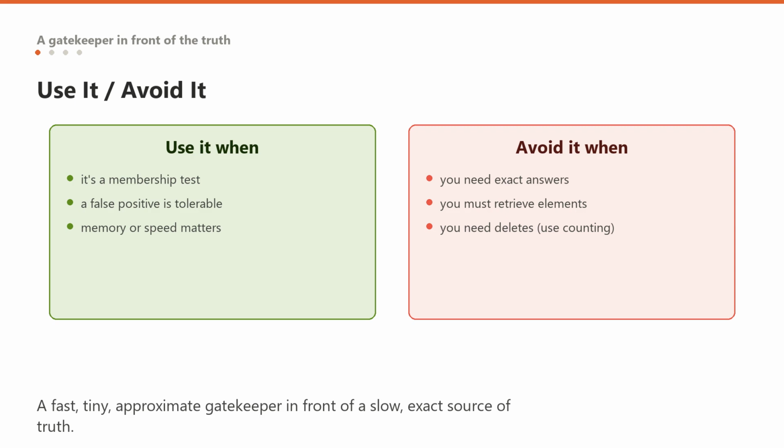Do not use one when you need exact answers, when you need to retrieve the actual elements, not just test membership, or when you need deletions and can't afford a counting variant. Said simply, a Bloom filter is a fast, tiny, approximate gatekeeper in front of a slow, exact source of truth. Name a real example, like Cassandra skipping SSTables, and you'll show you truly understand it.